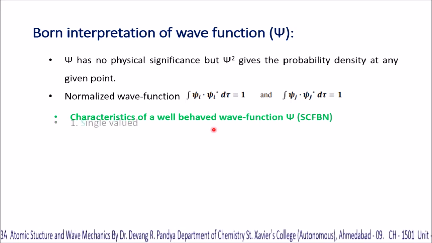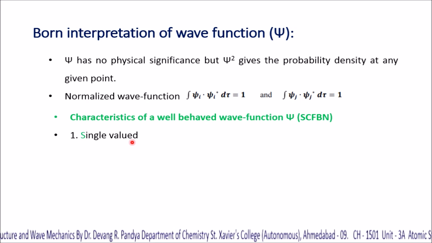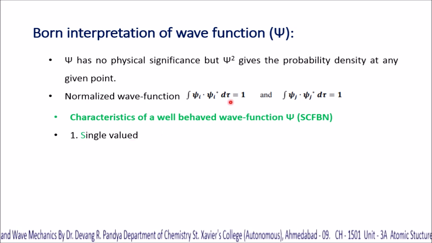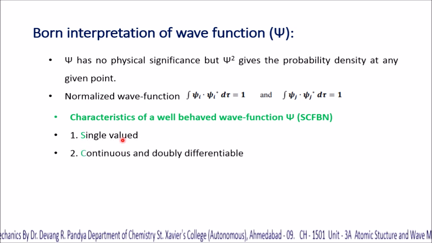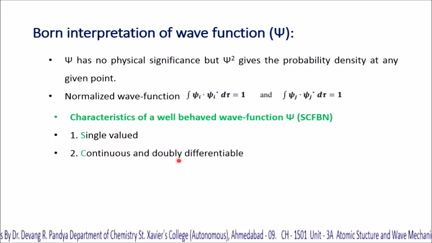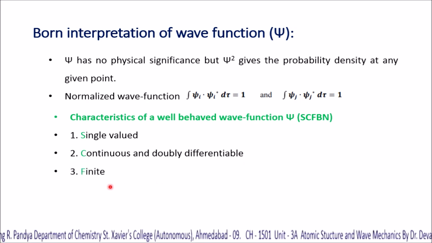Now what does SCFBN mean? S is single valued, that means the wave propagating in any particular direction must have a single value. It must be continuous and doubly differentiable. Third, it should be finite.